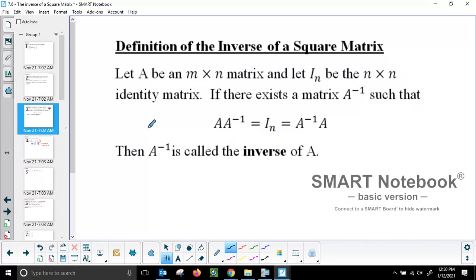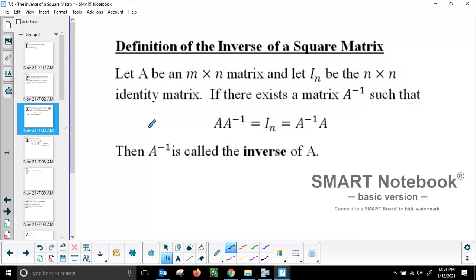And we identified the identity matrix last week sometime, I believe. That's a square matrix where the main diagonal, which means from the top left corner to the bottom right corner, are all ones, and every other entry is a 0.